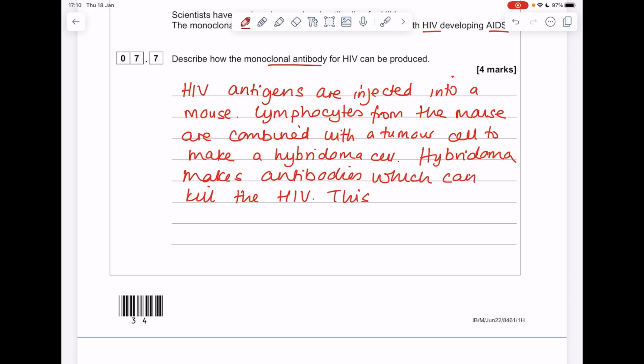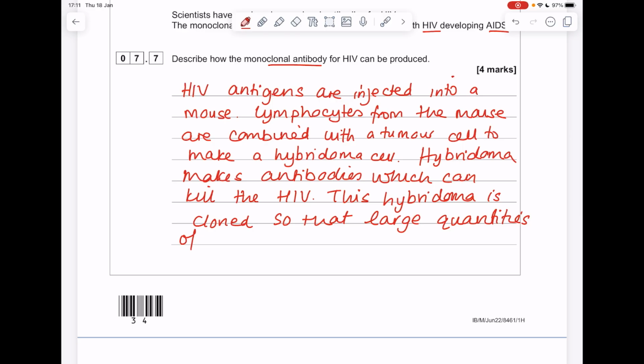This hybridoma is cloned so that large quantities of antibody can be made. There are different ways of wording this, by the way. The mark scheme seems quite flexible.